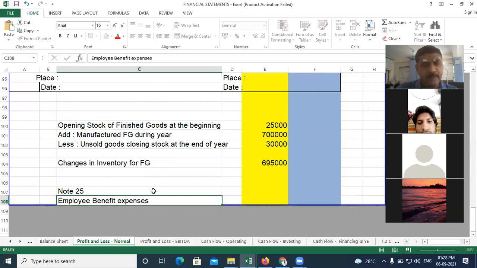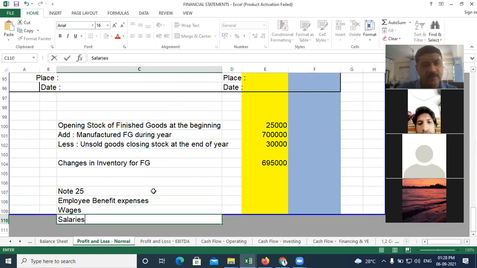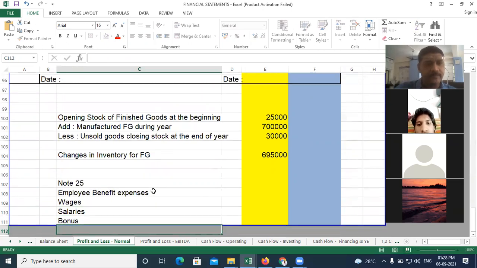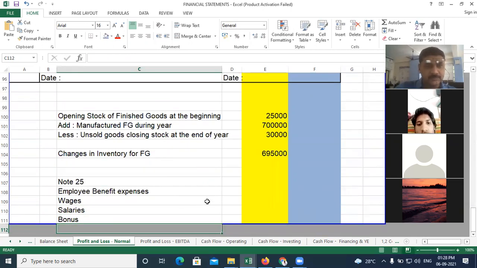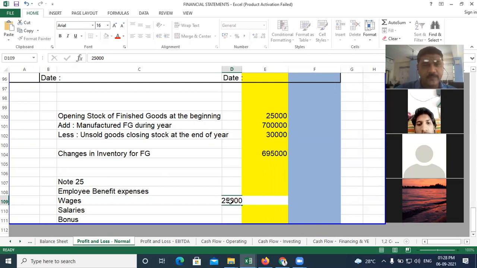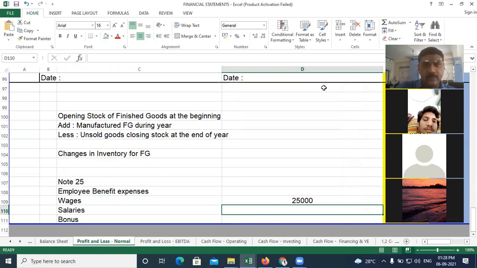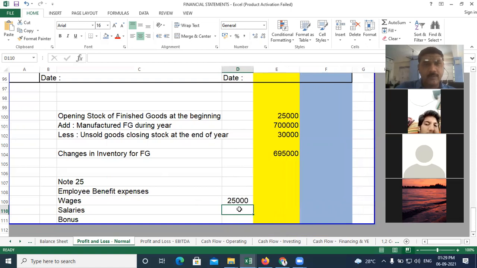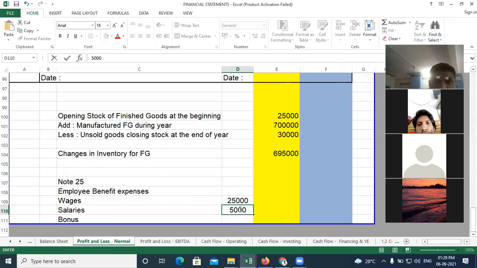In that, we are paying wages, suppose 25,000, salaries, suppose 50,000, and bonus, suppose 10,000.